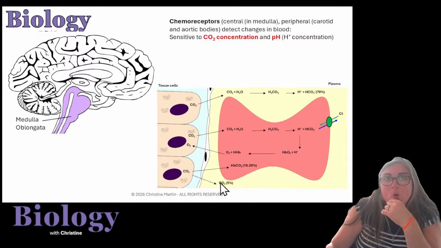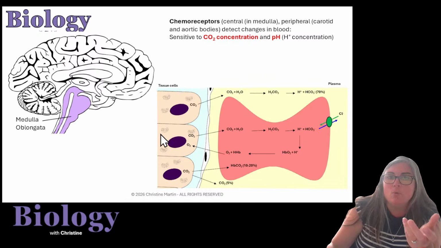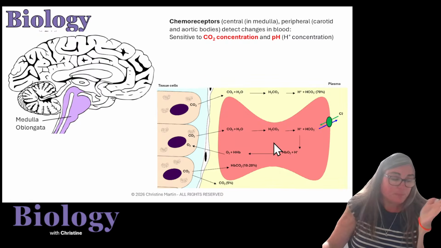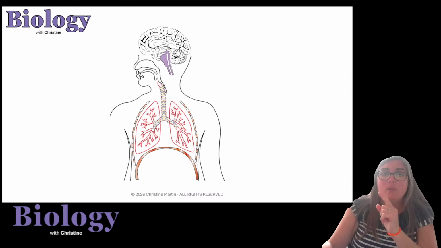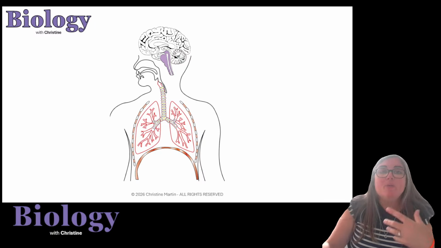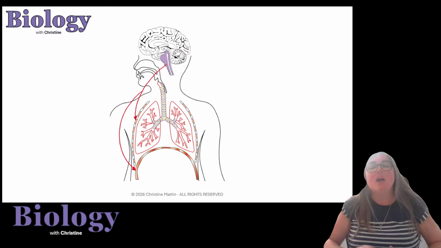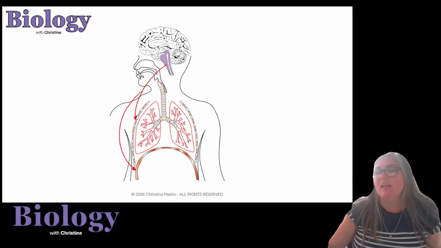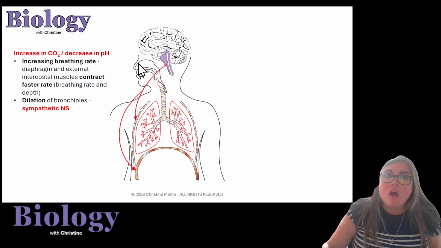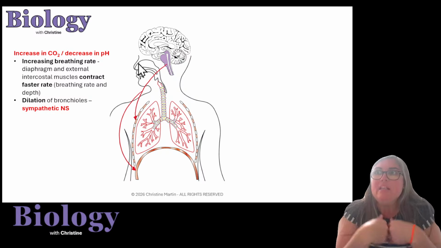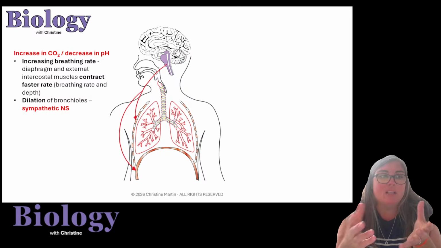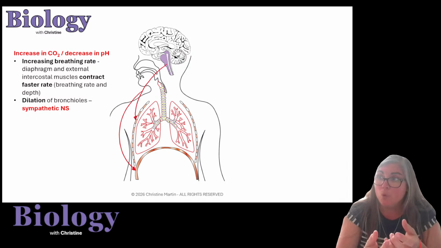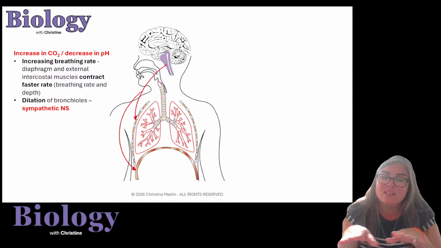So we know that our tissue will be doing the respiration. We know that the carbon dioxide is going to diffuse into the blood, and we know that it is going to be transported. So if we have an increase in our carbon dioxide concentration and a decrease in our pH, we know that we need to remove that carbon dioxide, because if it becomes too acidic, that's going to have a big knock-on effect on our globular proteins that are sensitive to pH.